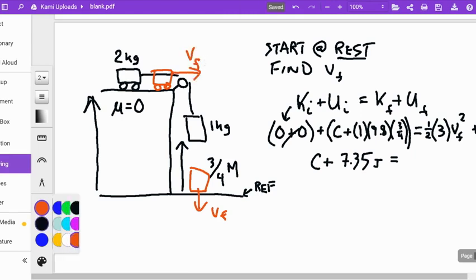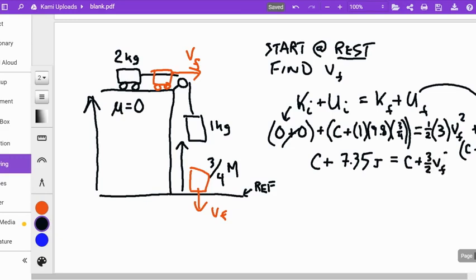The top one, that 2 kg cart, still has the same potential energy of C, but the bottom mass has fallen and it's on the ground, so now its potential is 0. That's going to be my final potential energy. So I'm going to write that down here. This is going to be equal to C plus 1/2 times 3, which is 3/2, V final squared.